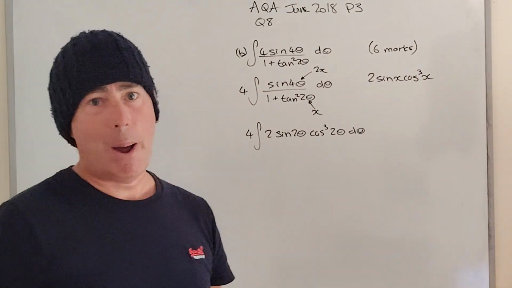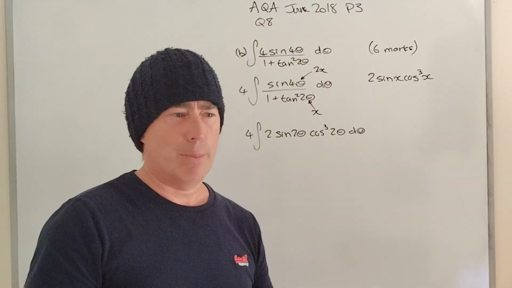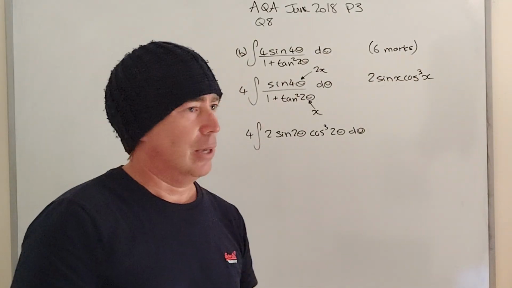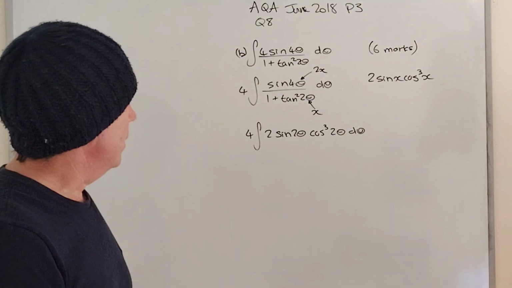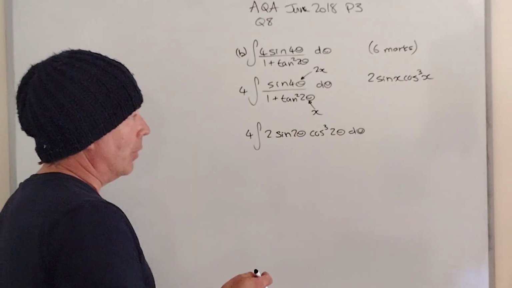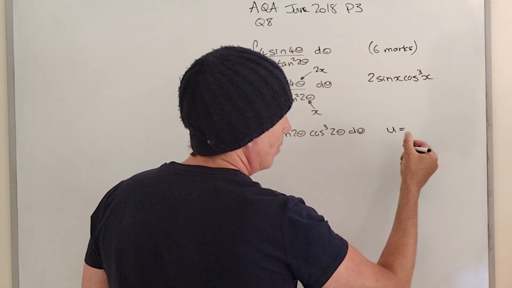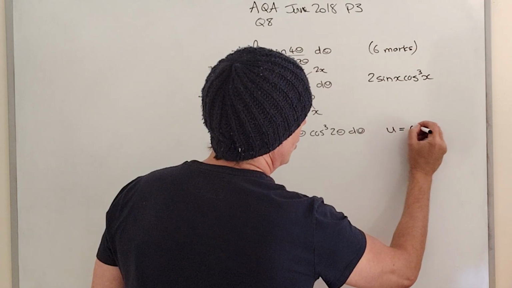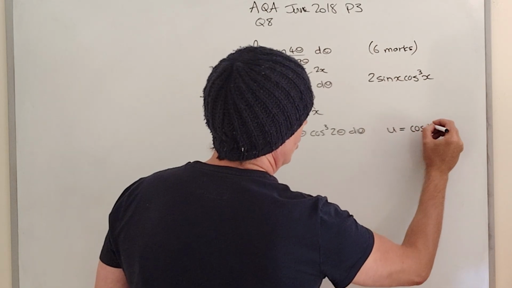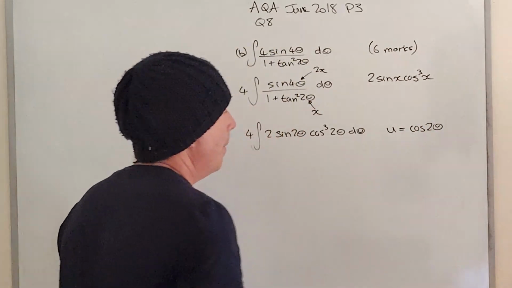Now, this is where quite a few students might just go, what next? And hit a brick wall. And it's about spotting something. It's about spotting, not necessarily intuitively, but using u as a substitution, u equals cos 2 theta.